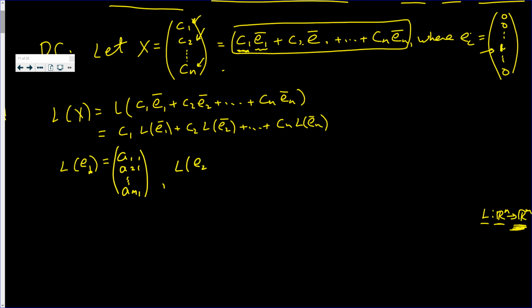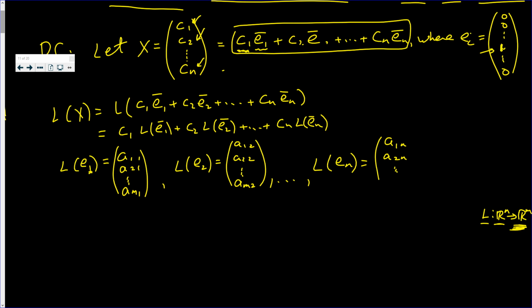And L of E sub 2 will equal A12, A22, down to AM2. All the way down to L of E sub n, which will equal A1n, A2n, down to AMN.